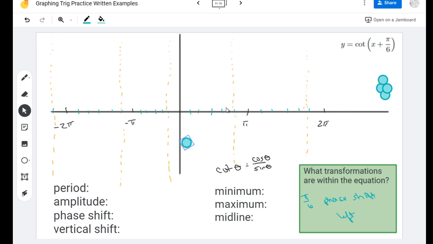And so do you see how there's 1, 2, 3, 4, 5, 6 hops between each asymptote? That means 3 hops from each asymptote is the halfway marker. And so that's what we're going to do on each of these. So those are our intercepts.